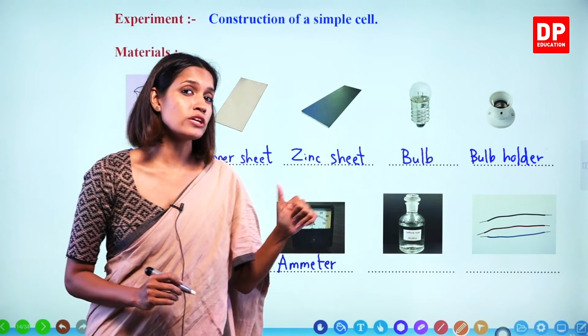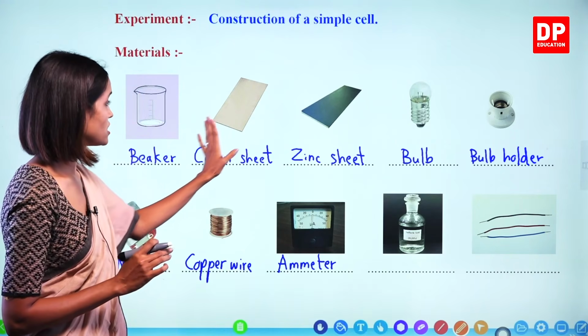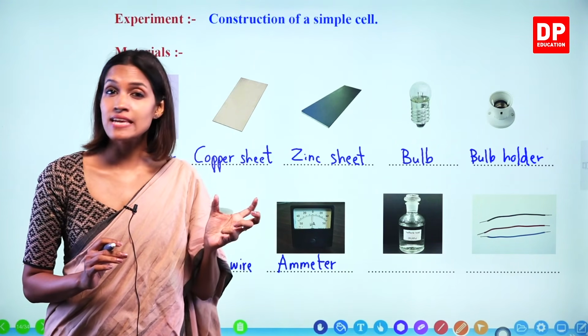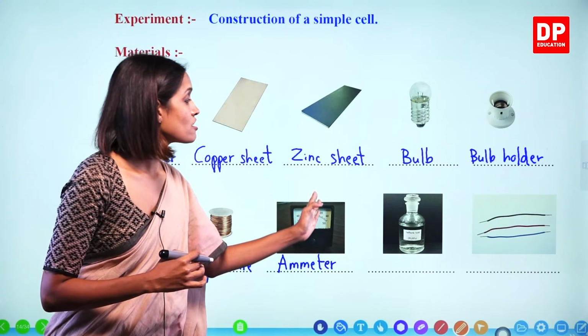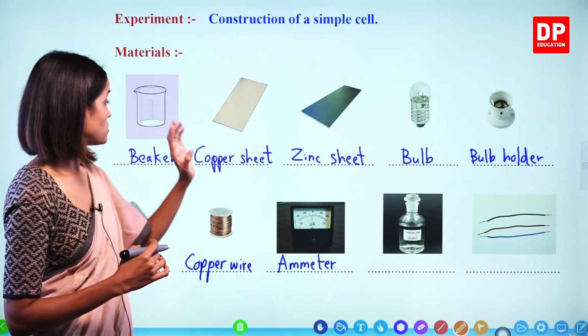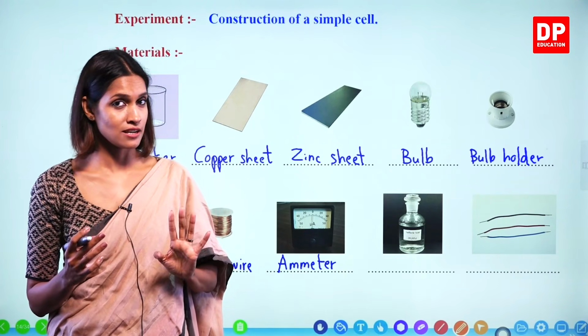Earlier, during that experiment with the lime fruit, I told you we used copper sheet, zinc sheet, and what was the acid present in the lime? That was citric acid. Because of the chemical reactions that take place between the copper sheet, zinc sheet and the citric acid, electricity is generated.